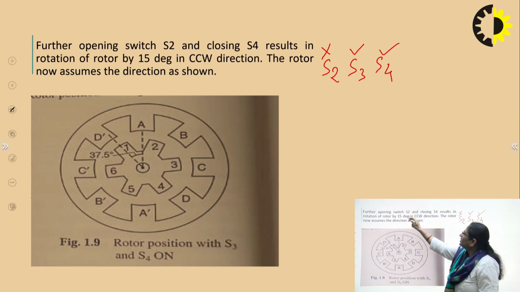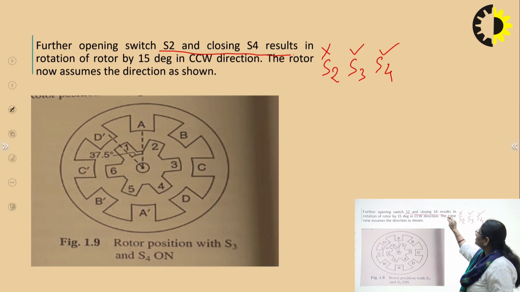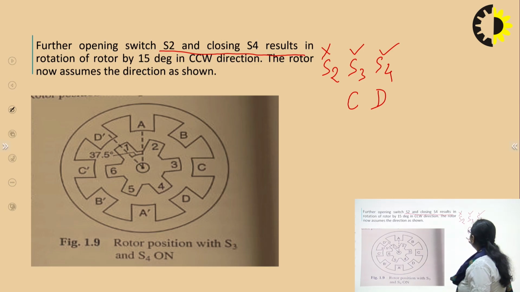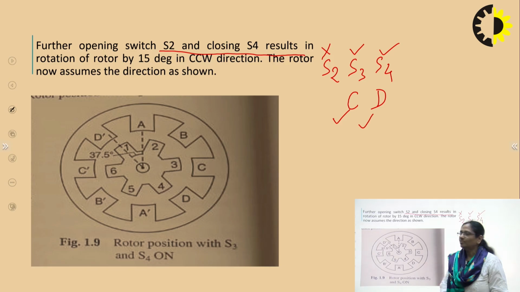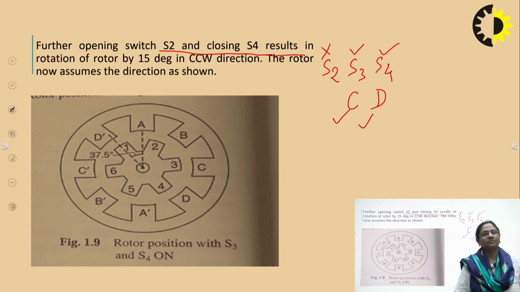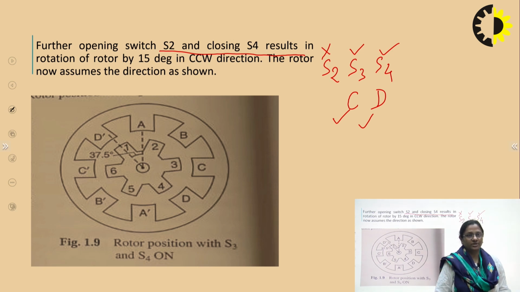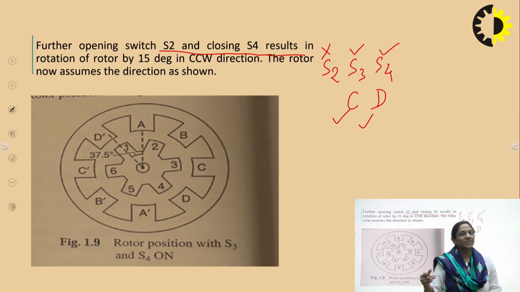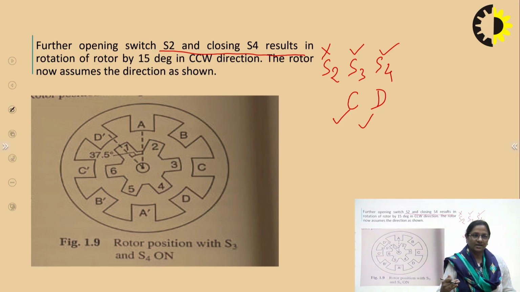So, with the opening of switch S2 and closing of switch S4, phase C will remain energized as earlier and phase D will now get energized, creating two magnetic fields again, one created by current flowing in phase C, another created by current flowing in phase D. So, again the rotor aligns itself with an intermediate position such that it is balancing the force created by the phase C magnetic field and the phase D magnetic field.